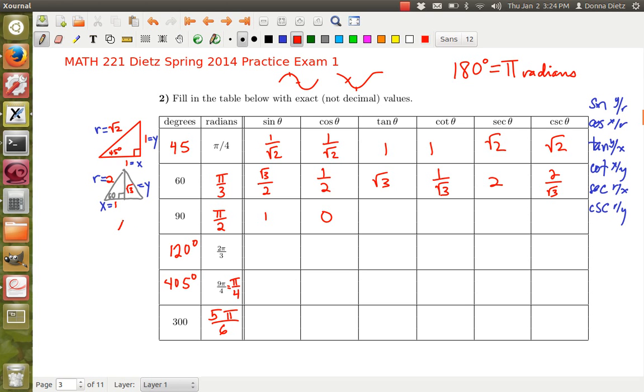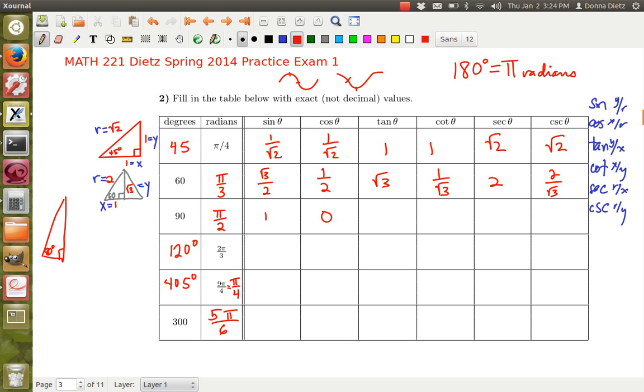The 90 degrees would be here. You'd be making this go up and up and up. You can't do 90 degrees, but let's do a really steep triangle. A really steep triangle would look like that. So maybe that's 80 degrees.